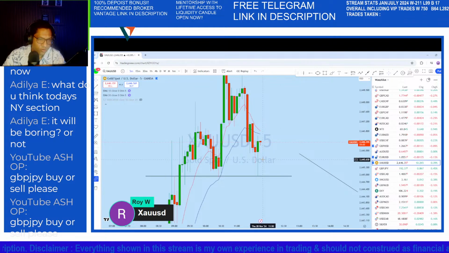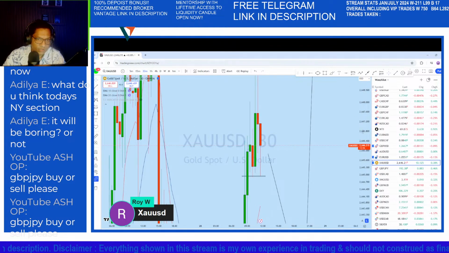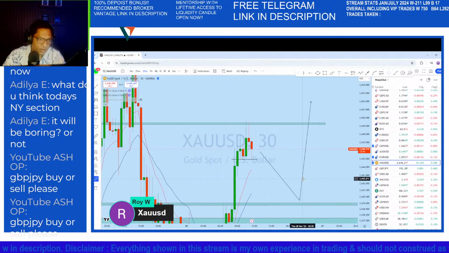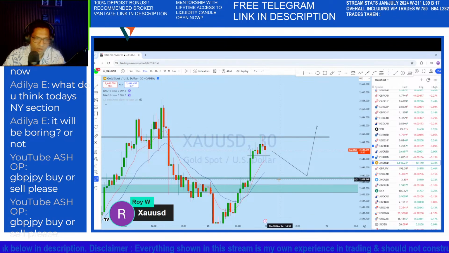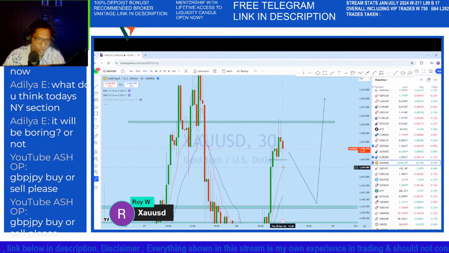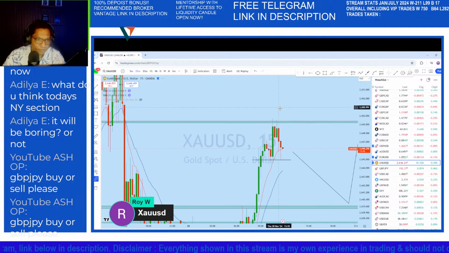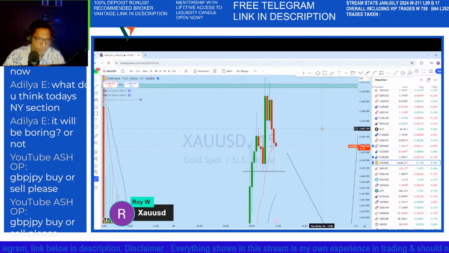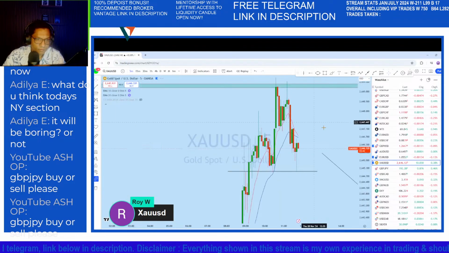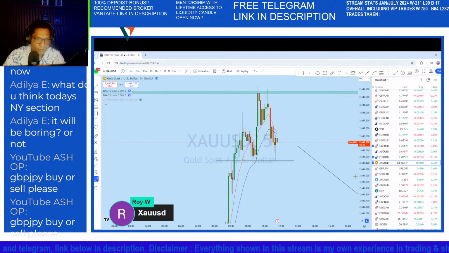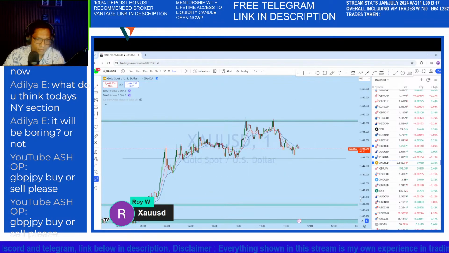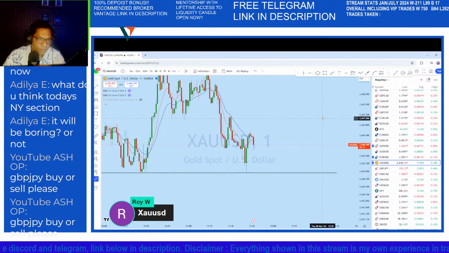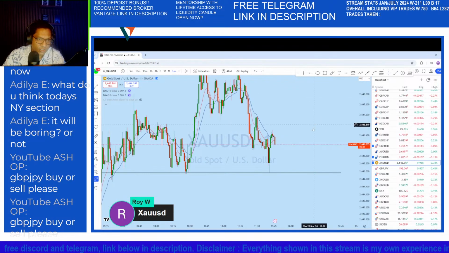If we see another liquidity grab in that area, that could be a zone where the market might be looking for further liquidity grab. So it's forming a structure here.